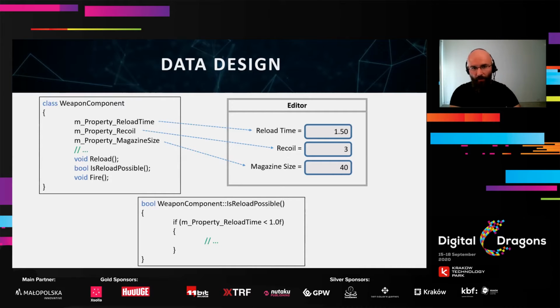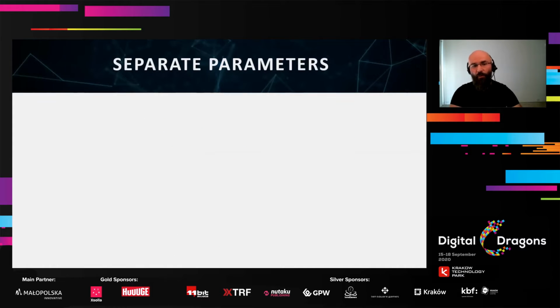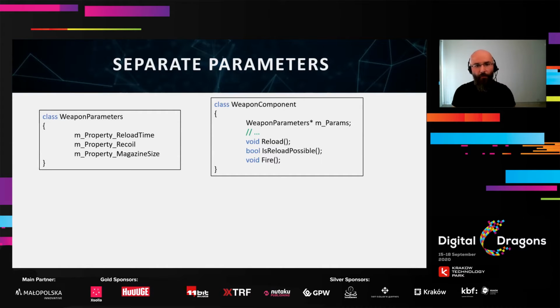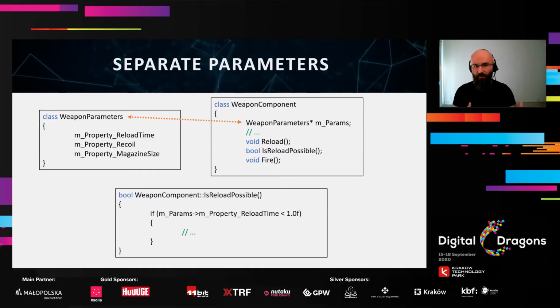But this is like very basic approach, and usually what's more better approach when we think about shipping solutions for the real game is actually to separate parameters into a different class, to a different data structure, so that runtime component, runtime class, like we have here, that weapon component, is just referencing weapon parameters, which are a separate set of values, and still access to these parameters is very easy. For example, here through a pointer.